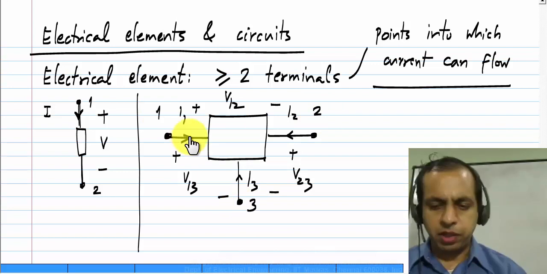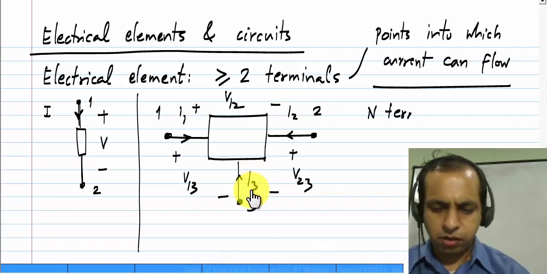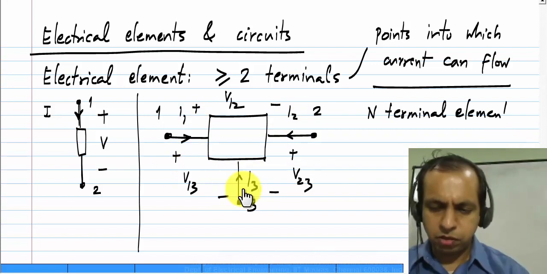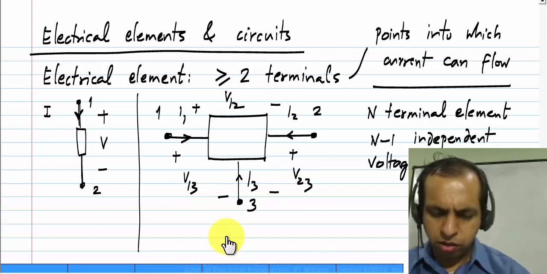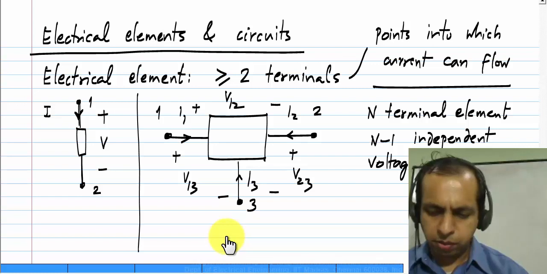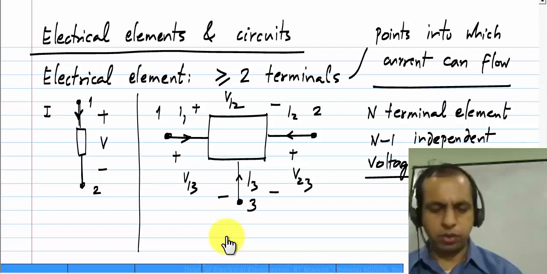Now soon it will become clear that if we have an n terminal element, there are n minus 1 independent voltages and currents.